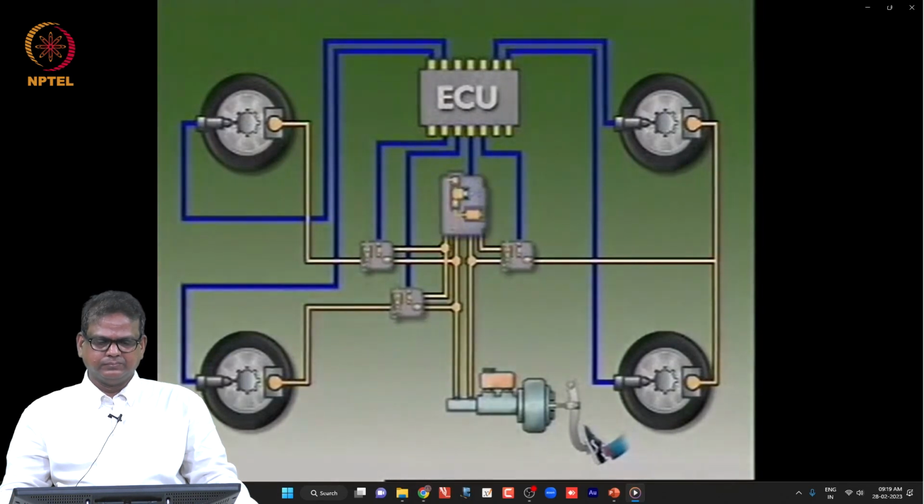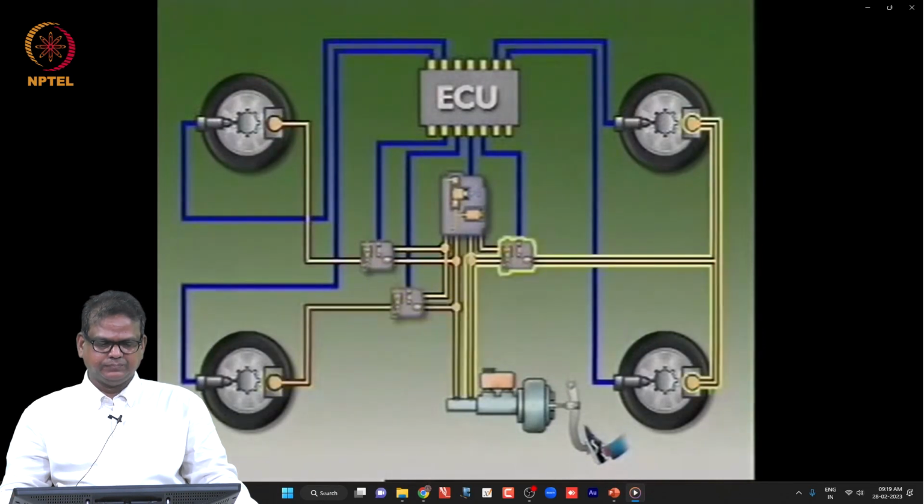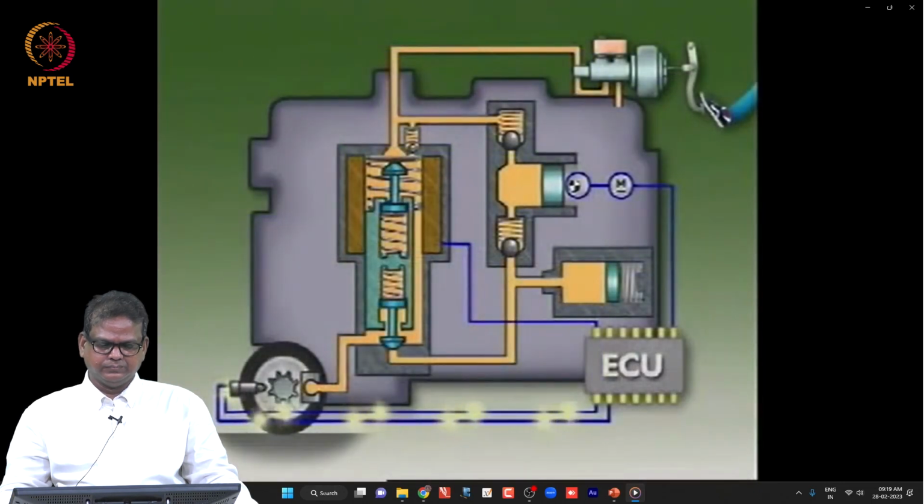This unit executes them using 3 solenoid valves connected in series with the master cylinder and the brake circuits. One valve for each front wheel hydraulic circuit and one for both of the rear wheels hydraulic circuit. This is a simplified diagram of one solenoid valve operating on just one wheel.